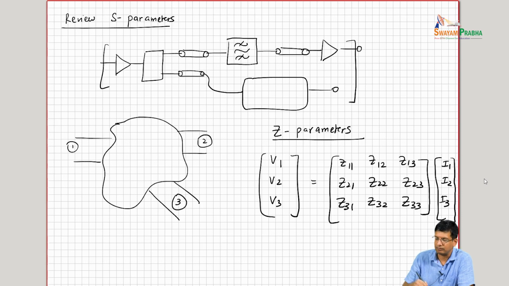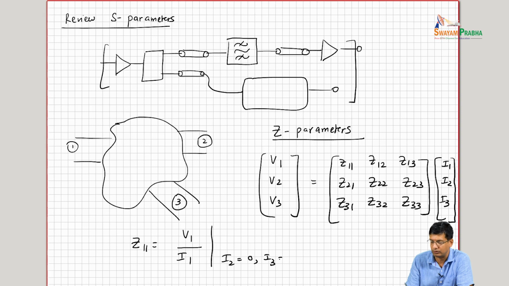You can do it in various ways, but a simple way in which we try to do this is, if I want to find out what Z11 is, I consider what V1 is when only I1 is applied, and for that I need I2 to be 0 and I3 to be 0. And then I'm able to get this Z11. And I can do this for every other parameter.